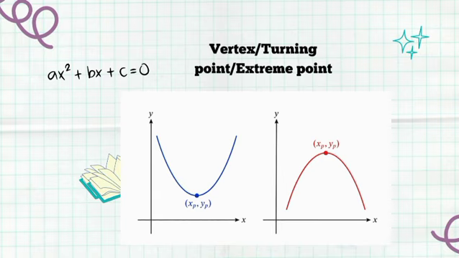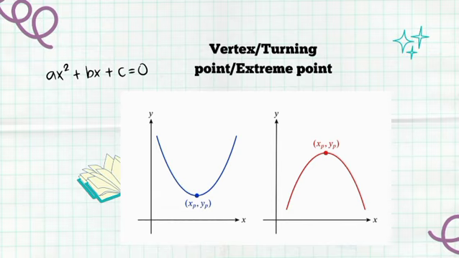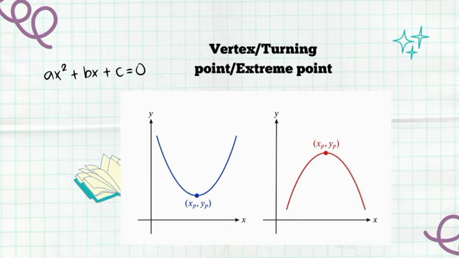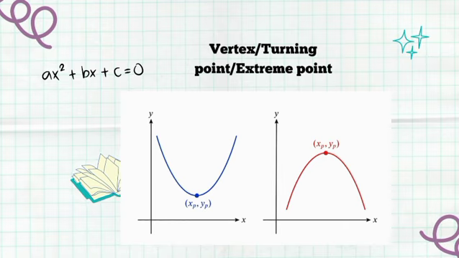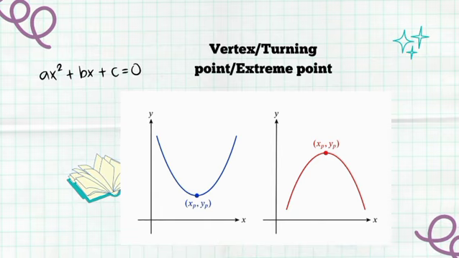If the graph opens upward, then this point is the vertex. Now, suppose the vertex is represented by P with coordinates (xP, yP).